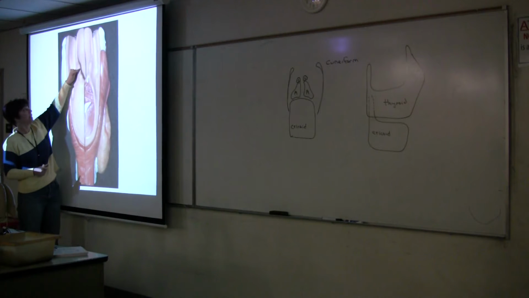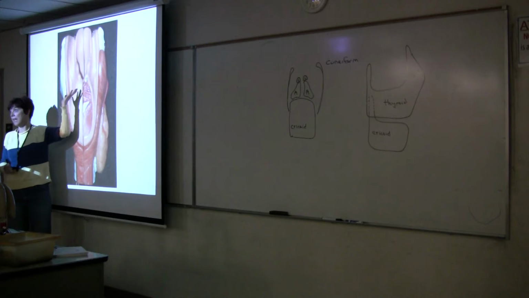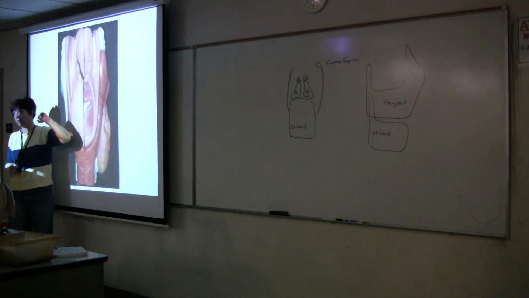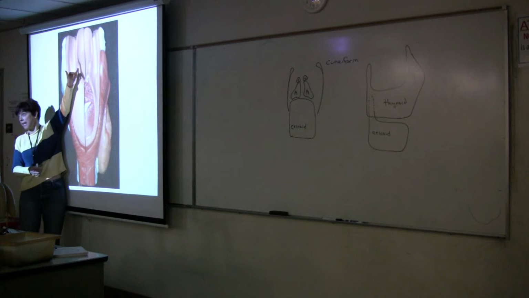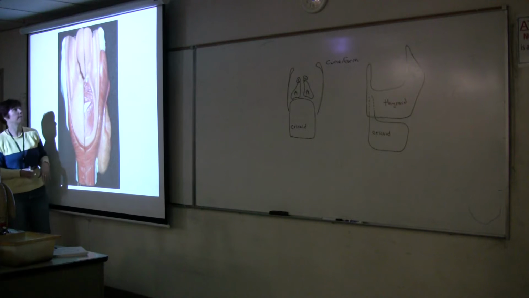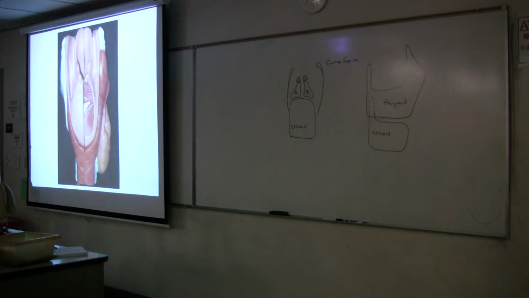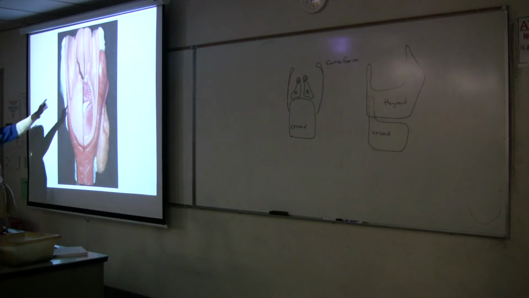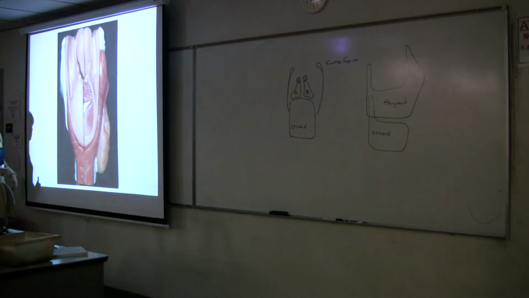And see this bump right here? That's due to the cuneiform. That's the only evidence we have of it in any models. So I'd have to ask a question, identify the cartilage seen here deep to the mucosa, where it creates this evagination of the mucosa. All right? So the bump here is corniculate, the bump here is cuneiform.